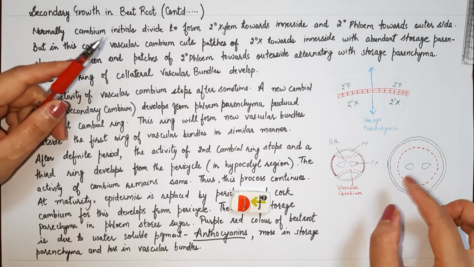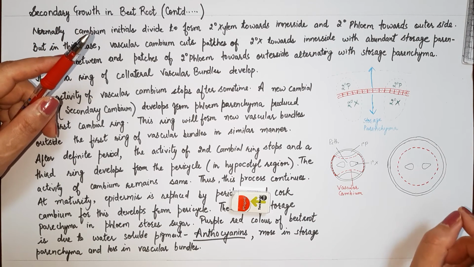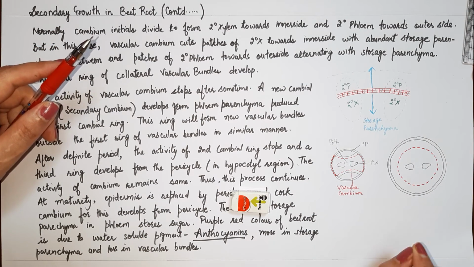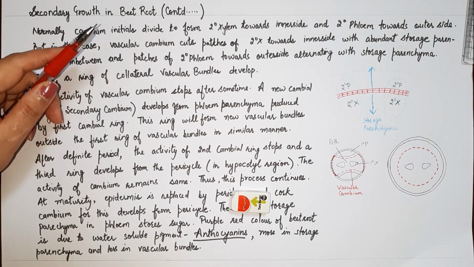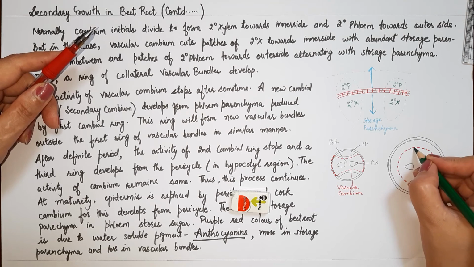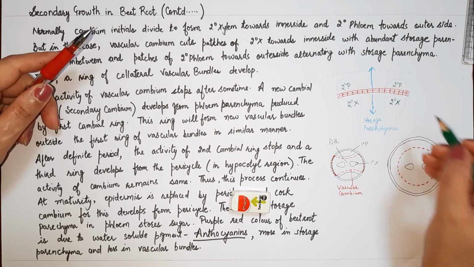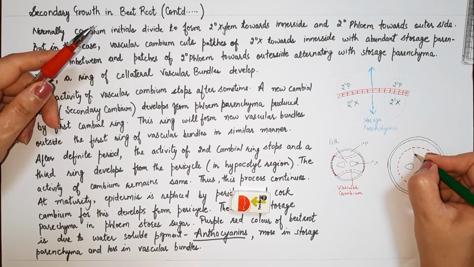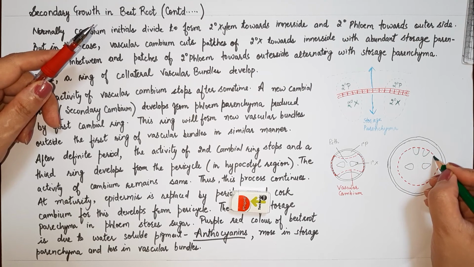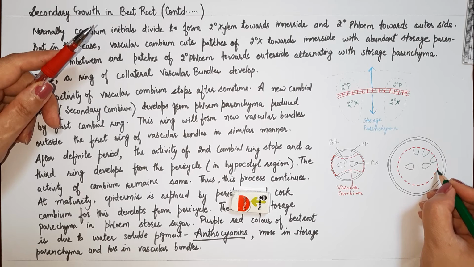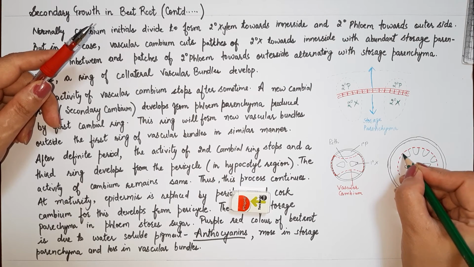Now, the vascular cambium ring is circular and it will cut secondary xylem towards the inner side and secondary phloem towards the outer side. So, you will show bundles like this. As many bundles as you want, just keep them a bit away from primary xylem.